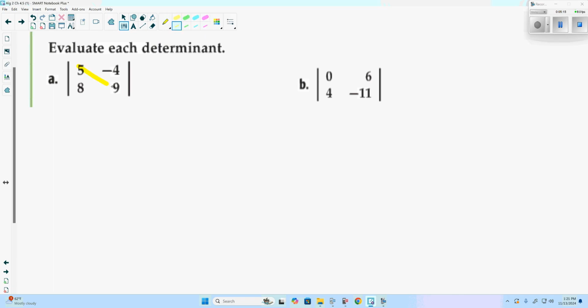So if we look at this first example, we're going to multiply 5 times 9 and subtract from it negative 4 times 8. Questions on how we set this up?